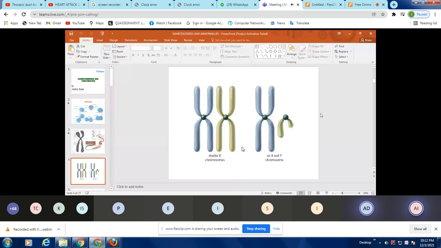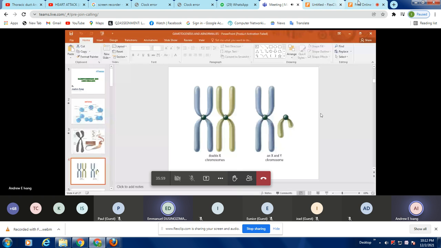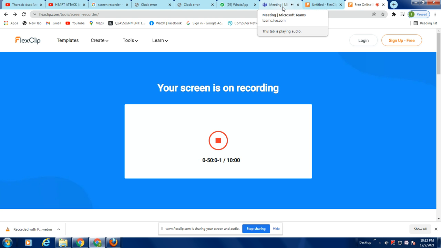Any question? Any confusion? Yes, there is confusion. Then let's share the confusion. I don't want my student to be confused. So, what is the confusion?